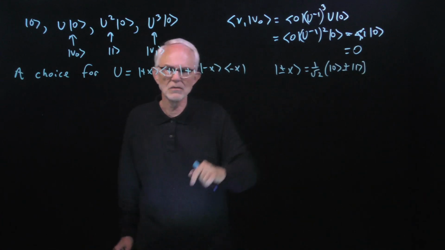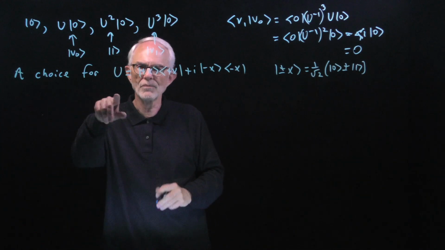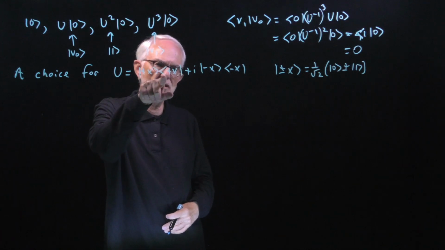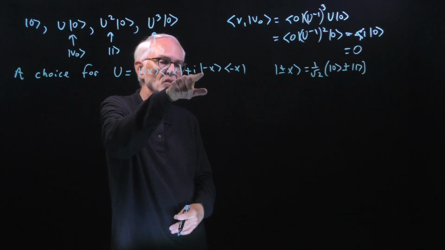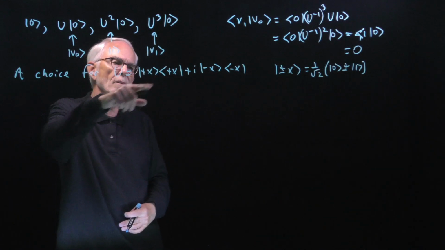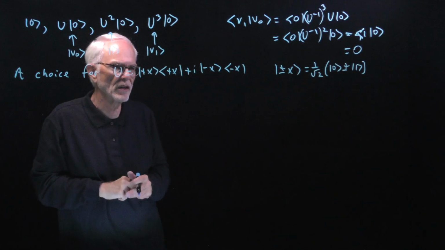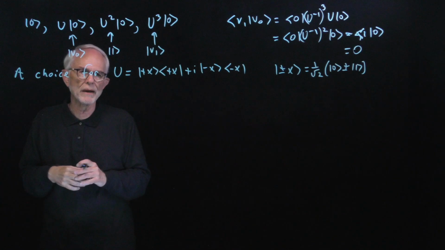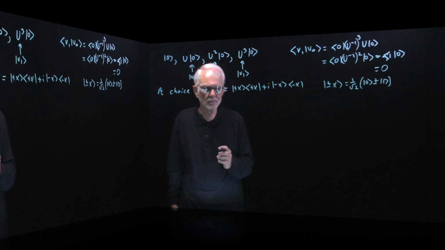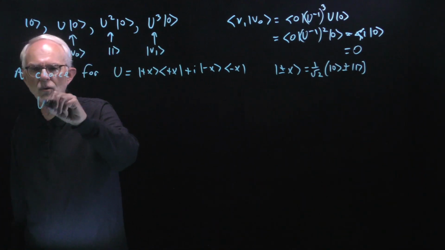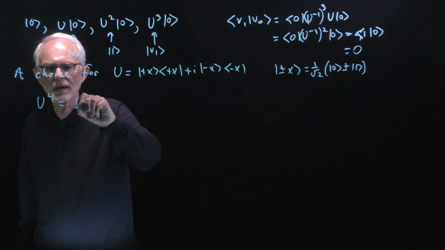Those are eigenstates of sigma x. So sigma x should just look like plus x with a minus sign here, minus x. So you see that if I square the U, I'm going to get an i squared there. That will turn into the minus sign, and that will give me my sigma x. We also have that U to the fourth equals I.